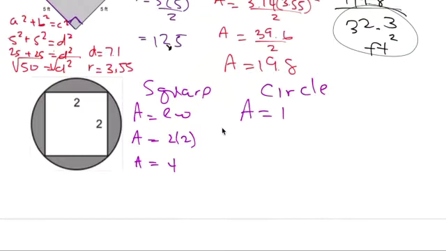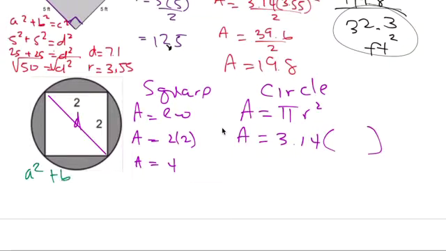Area of a full circle is just pi r squared. 3.14 times, we don't know the radius because we don't know the diameter. So we do Pythagorean Theorem. This is your 90 degree right here pointing to C. 2 squared plus 2 squared equals d squared.